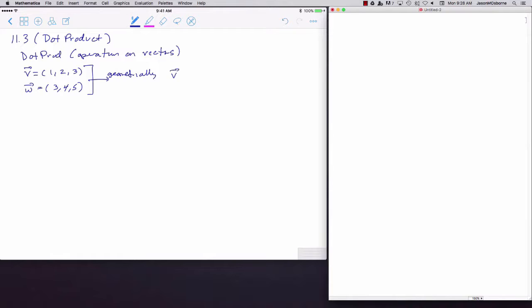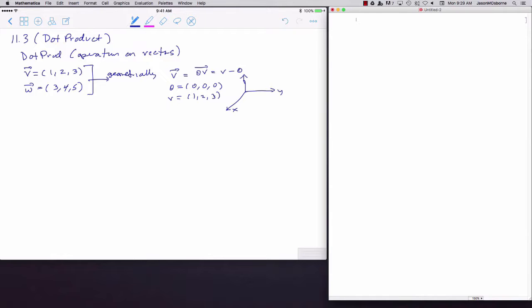Recall that the vector v can be thought of as the vector from the origin O to the point V, where the vector between O and the point V is V minus O. So for example, the origin O could be the point 0, 0, 0, and the point V could be 1, 2, 3.